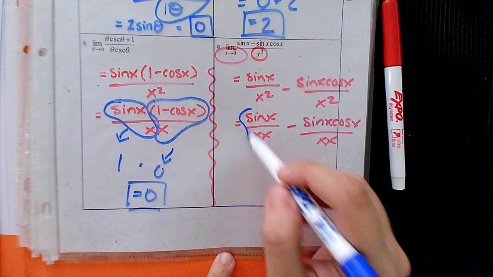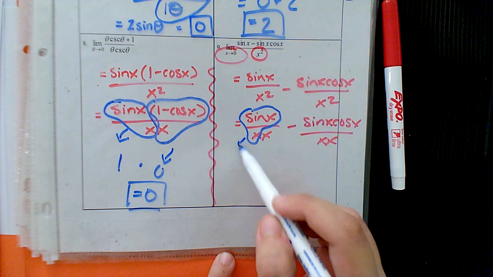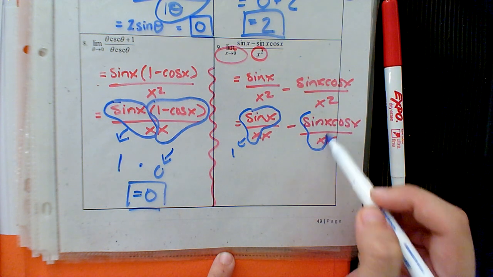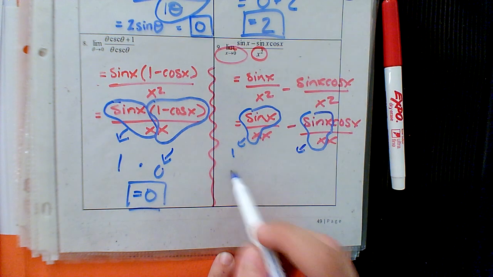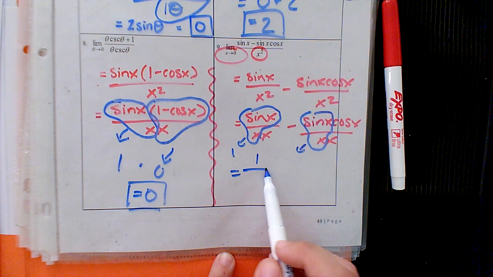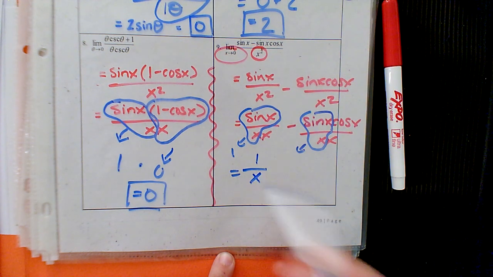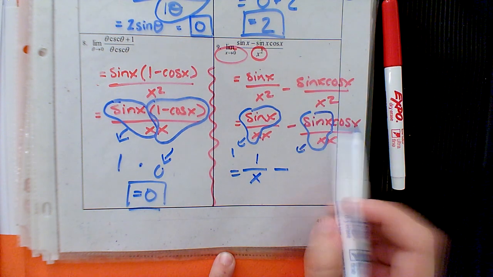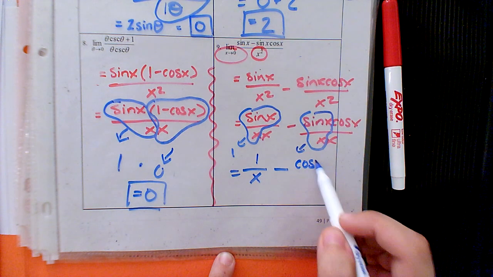All right, what is this going towards? 1. What is this going towards? 1. So we're left with 1, but we still have an x down below, minus a cosine x over x.